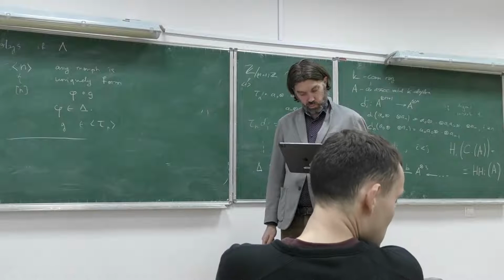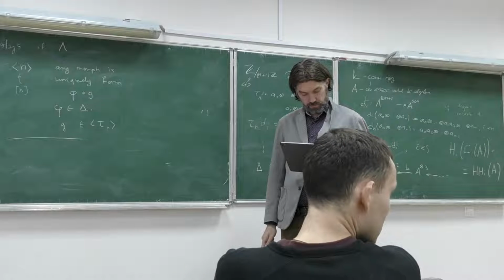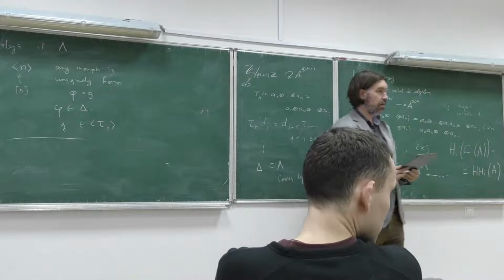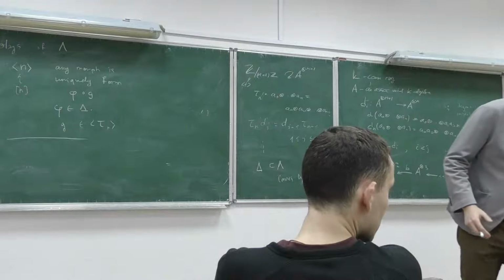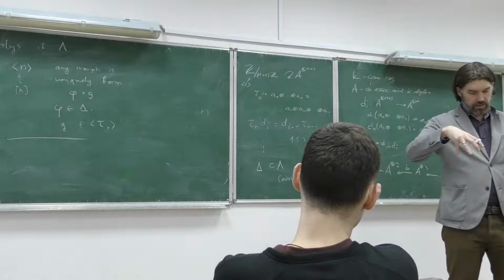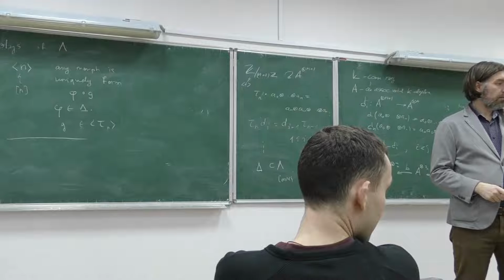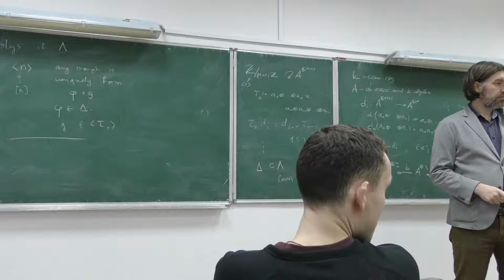So it seems that objects in this cyclic category are the same as in the simplex category. You can think of them as points on a circle, and instead of monotone maps, you just don't allow them to intersect each other.